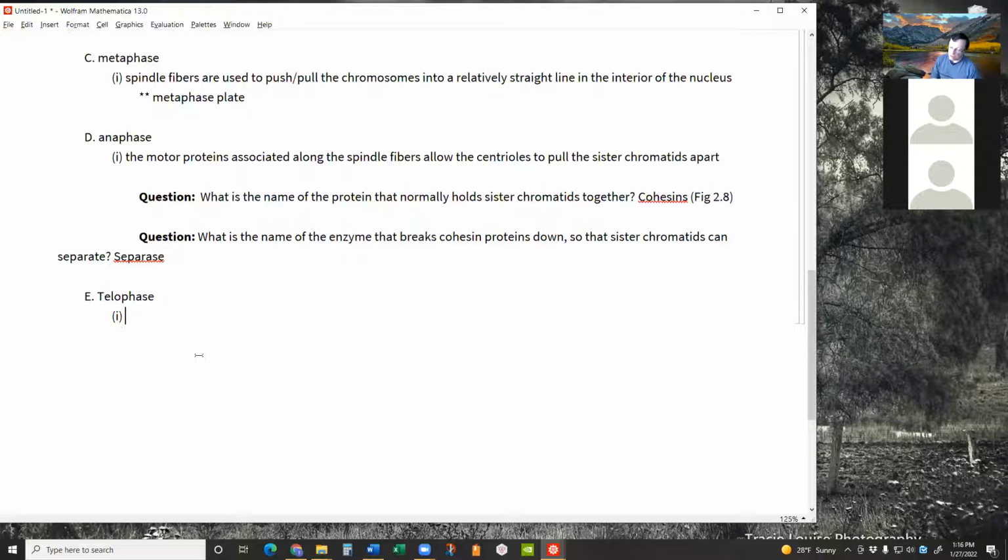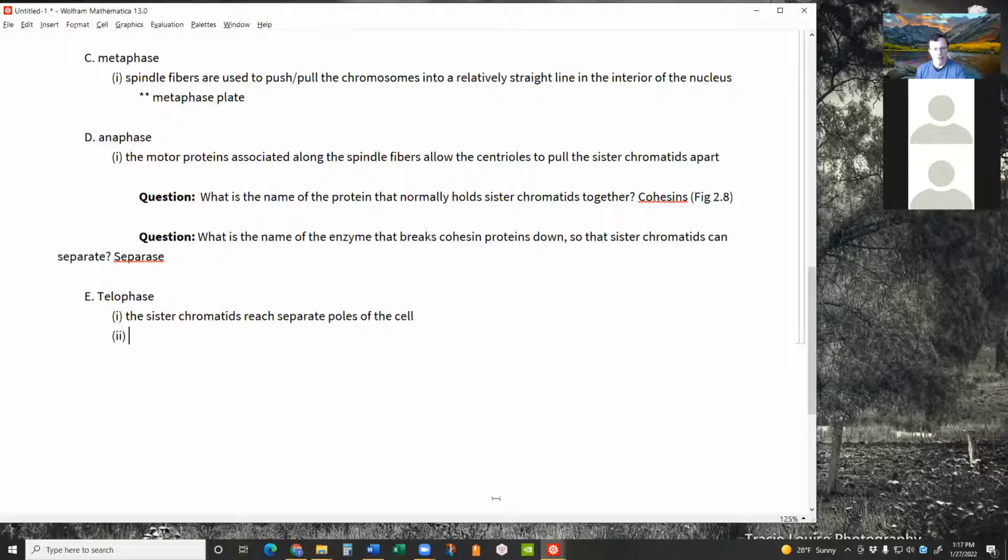With telophase, the separated sister chromatids arrive at their new positions along the poles of what will ultimately become two separate cells. The sister chromatids reach separate poles of the cell.